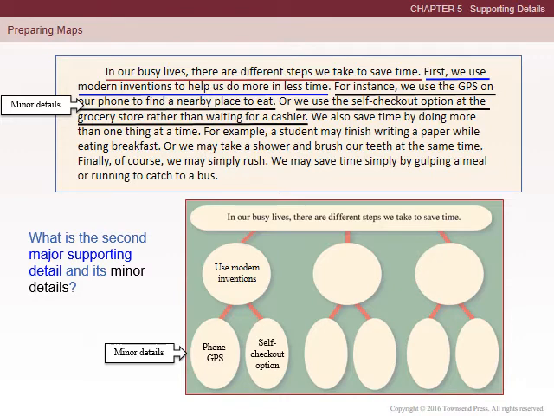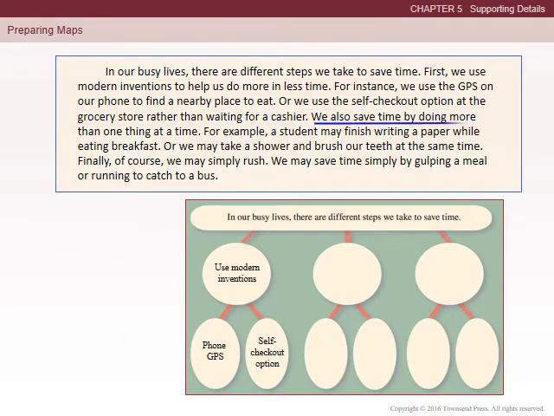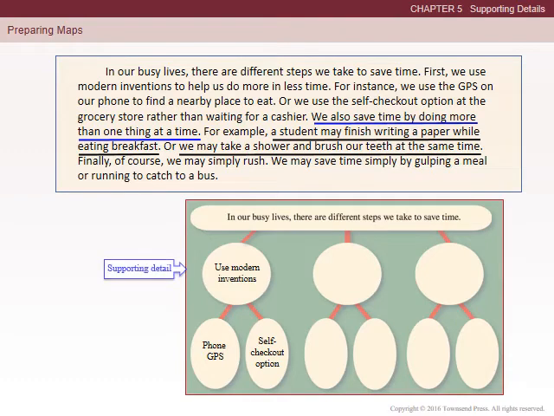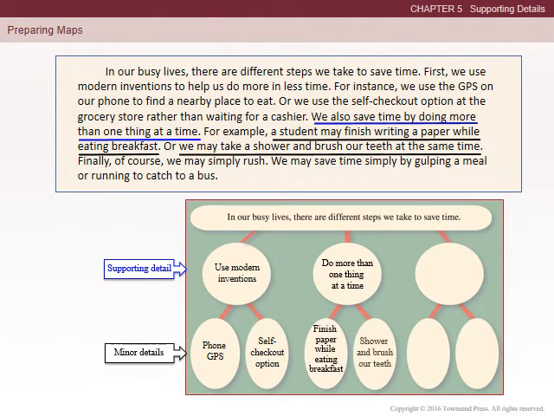We'll notice that in this one, again, our minor supporting details are examples. The words for instance tell us examples. In this one, for the second major support, we have the word also as our addition word, and then we have the words for example telling us what the examples are. So we include that information there.